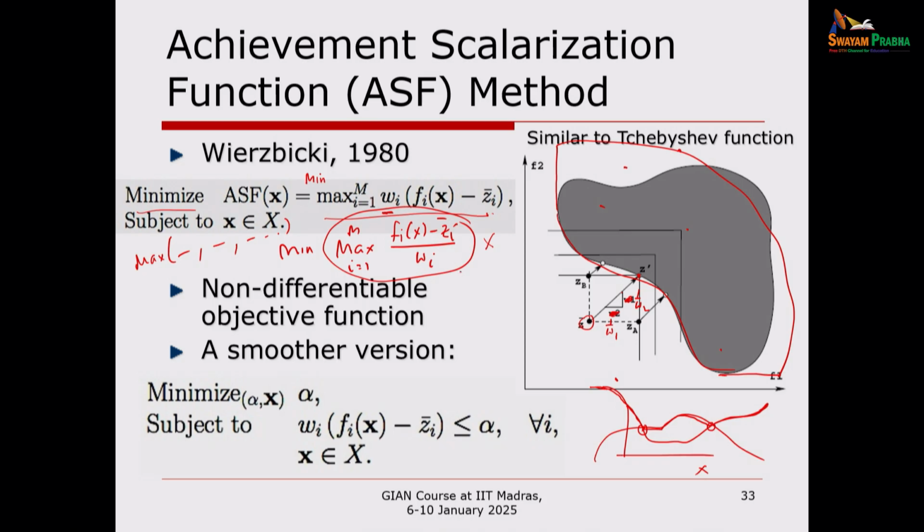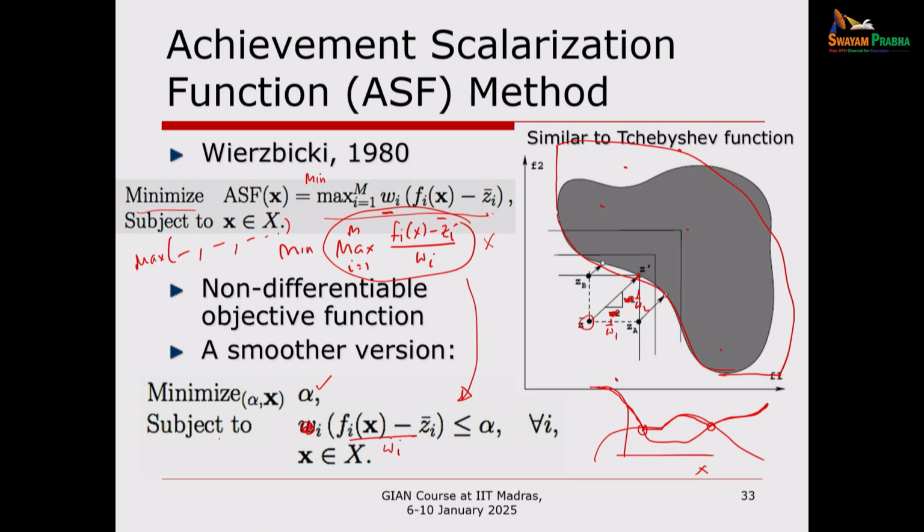So what they do is they make a smoother version of this problem. They introduce a new variable called alpha, and you say I'm going to minimize that new variable alpha subject to each of these terms divided by Wi being less than or equal to alpha.